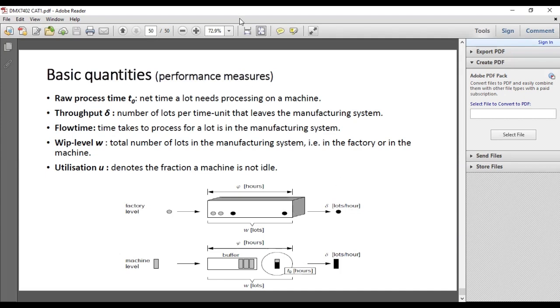Here we consider this as the machine level, and how the machine or the factory is utilized. Just remember this. I will send you another note on key performance indicators. You need to know what the performance indicators are.